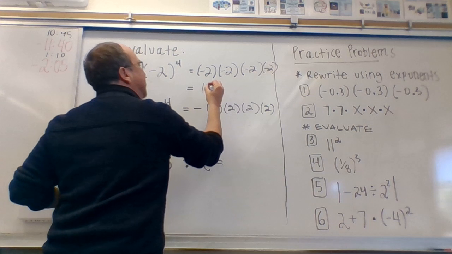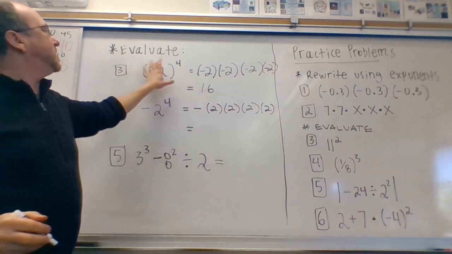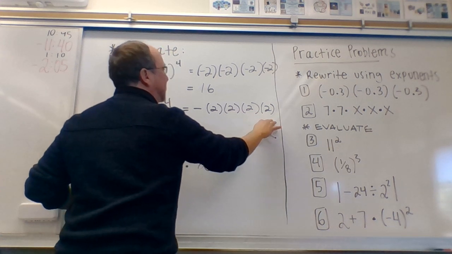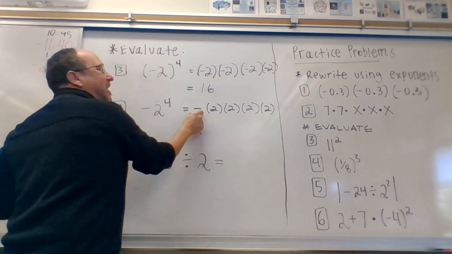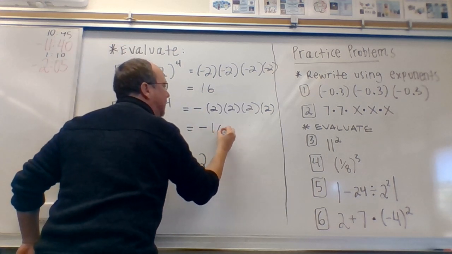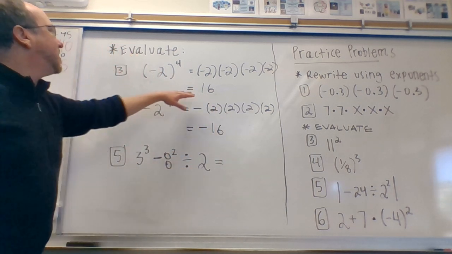So in this case, it becomes a positive 16. These things are not equivalent. Here you've got 2 times 2 is 4, times 2 is 8, times 2 is 16, and then the negative. Then we are subtracting it, okay? So here it becomes a negative 16, where here it is a positive 16.